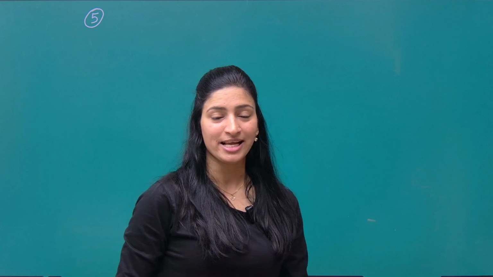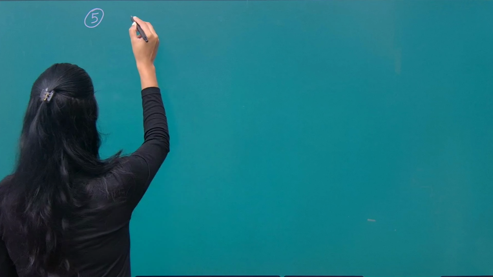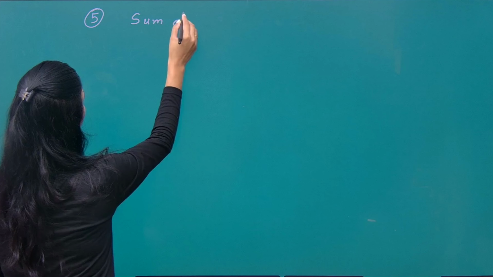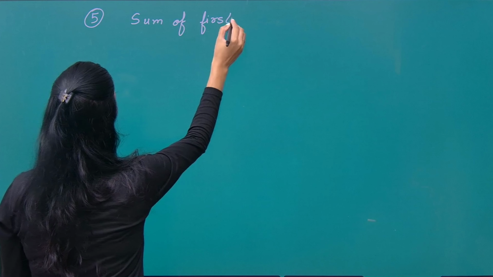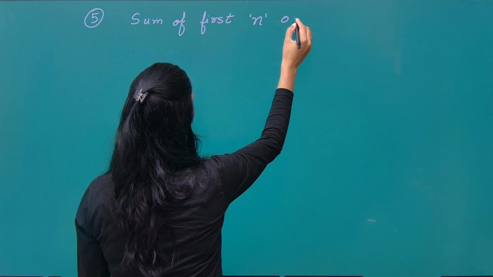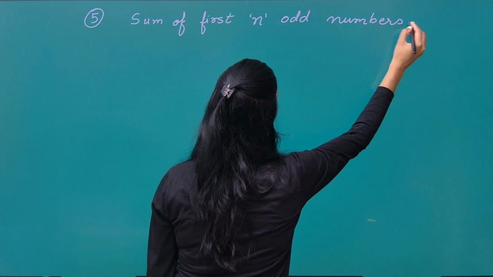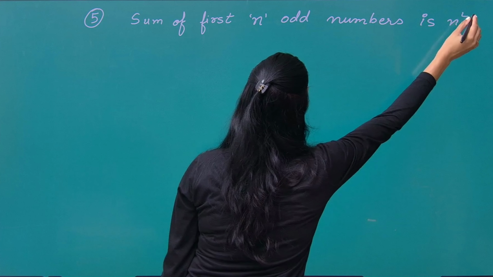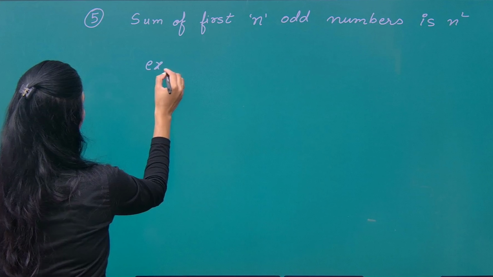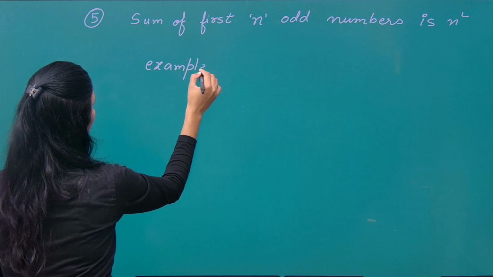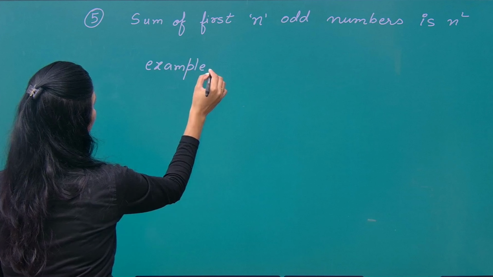Fifth property says that the sum of first n odd numbers is n square. Now again, let's understand this property with an example.